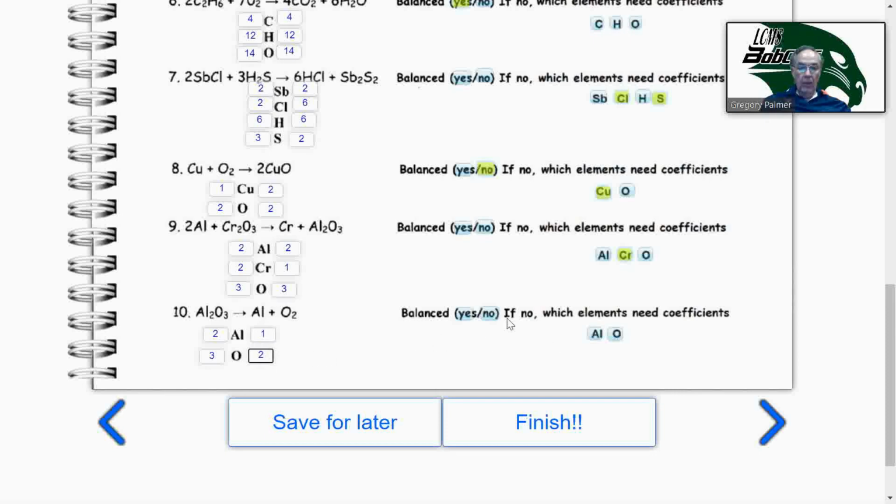So is it balanced? Oh, no. This one is not balanced either. And what's the problem? The aluminums are out of balance. And the oxygens are out of balance. So we would start by having to adjust coefficients.